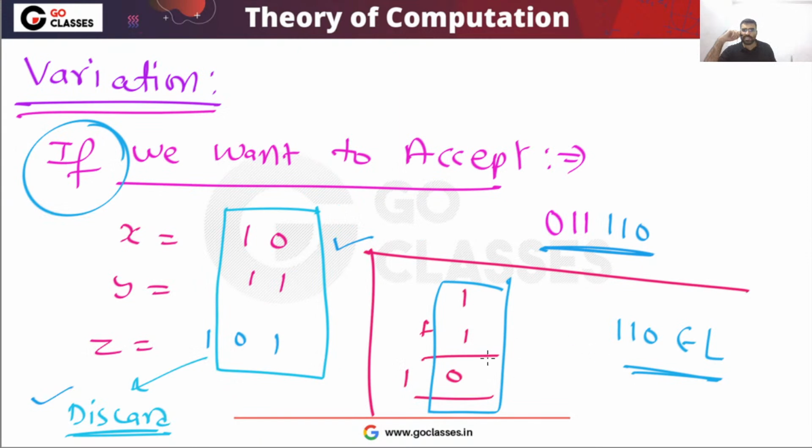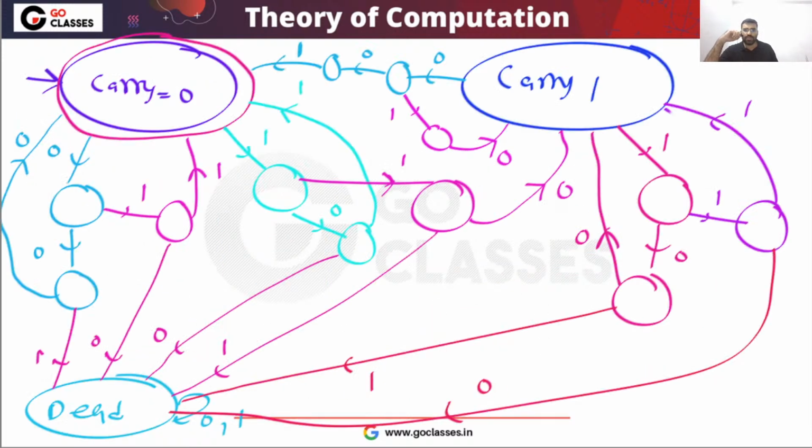If I want to accept this type of strings, the final carry I will discard, but I want to accept the remaining thing, then what will I do in this DFA? No, the carry 1 state will be the final state.